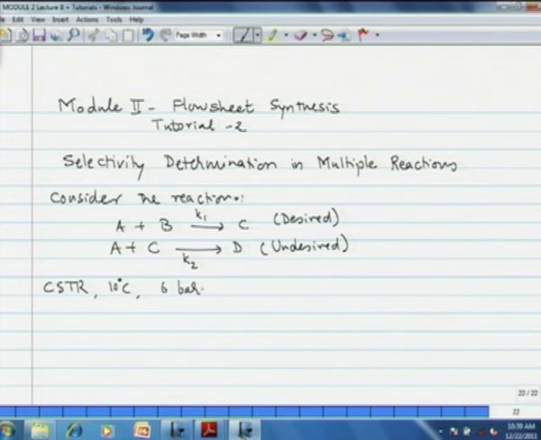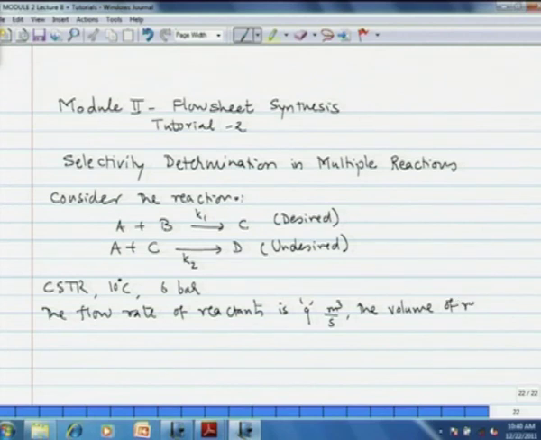The flow rate of the reactants A and B is Q, unit may be meter cube per second, and the volume of the reactor is V meter cube.